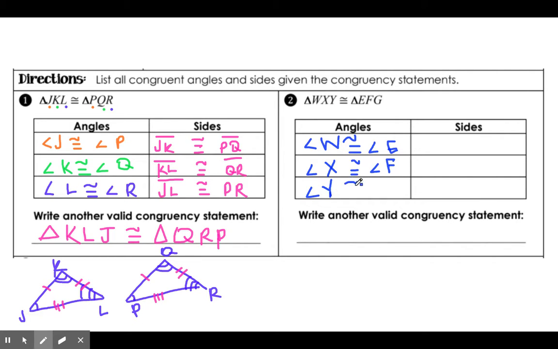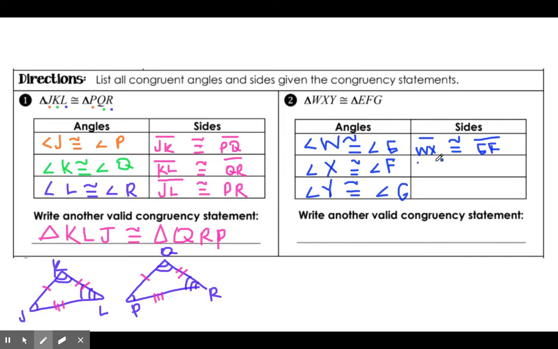Okay, and so then we can also do that with the sides. So we're going to take a look first. We see W and X is going to make a segment. So WX is going to be congruent to, and then the first two on this side are EF. So that would make segment EF. All right. Then we take the middle and the last.